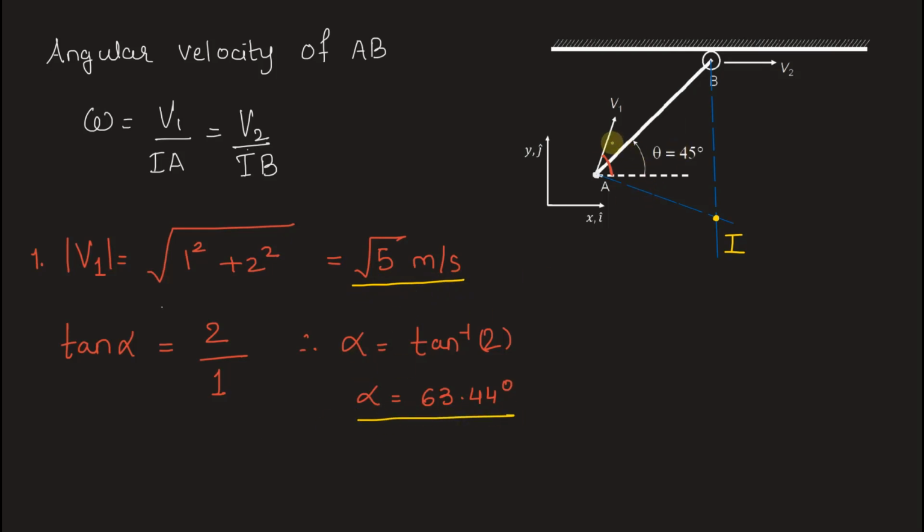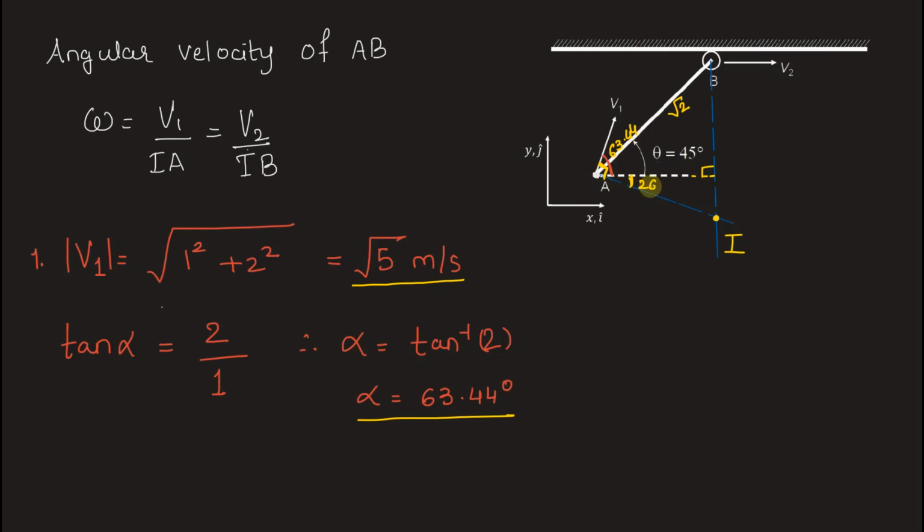This angle is 63.44. This length is already given to be root 2. We can find this small angle. So we will have two right angle triangles. One is this right angle triangle. If we extend it, we see it. And this is also a right angle triangle. So we can find this angle as 90 minus 63.44.